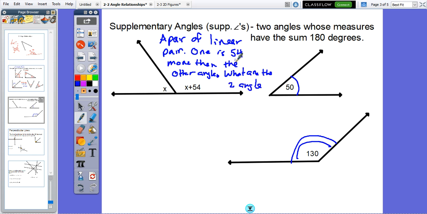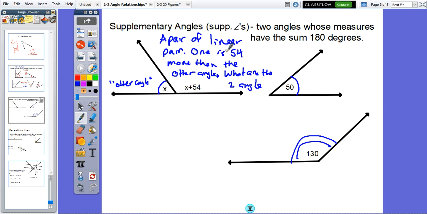Now, when you get a word problem like this, it's a really bad habit to say, oh, well, one's 54 and the other one's something else. No. One angle is 54 more than the other angle. So when you have something like that, especially with an other angle, we always call the other angle, let me put that in quotations, our smaller angle, our x.